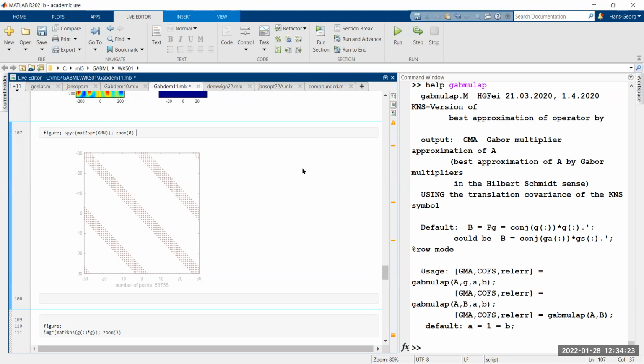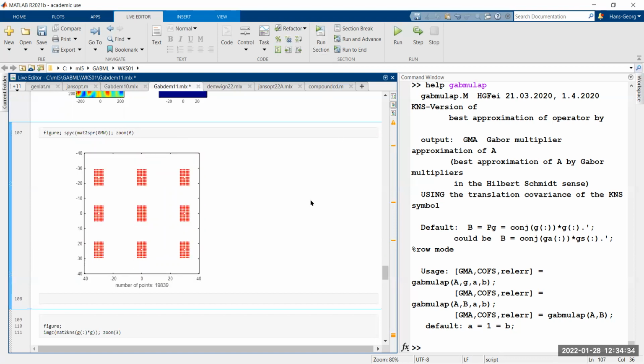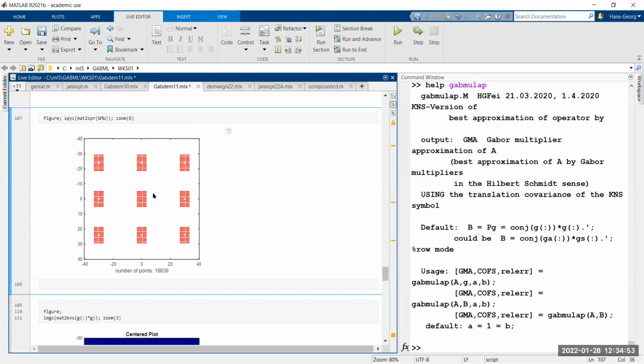If you have an operator where the spreading function is very concentrated, then there are good chances that you can represent it as a Gabor multiplier. But on the other hand, what you also see is that the Gabor multiplier has a periodic repetition of the spreading function. So essentially, if your operator has a spreading function which looks like this, then you have good chances to represent it as a Gabor multiplier.